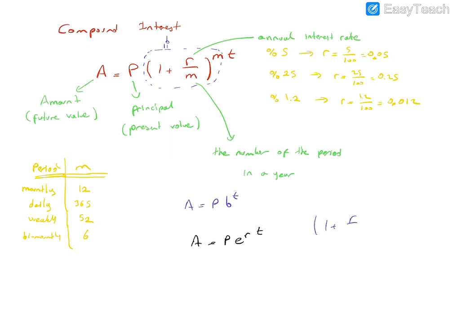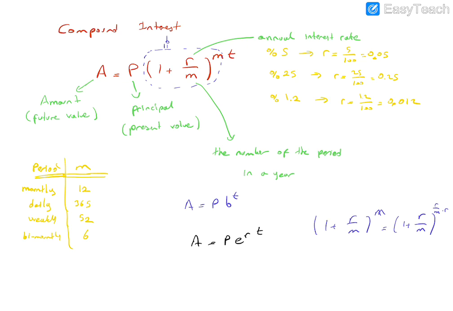Now 1 plus r over m to the power m can be expressed in the following form: 1 plus 1 over (m over r), to the power (m over r) times r.